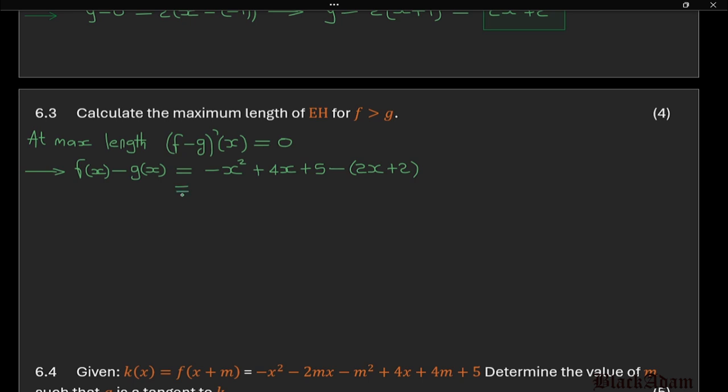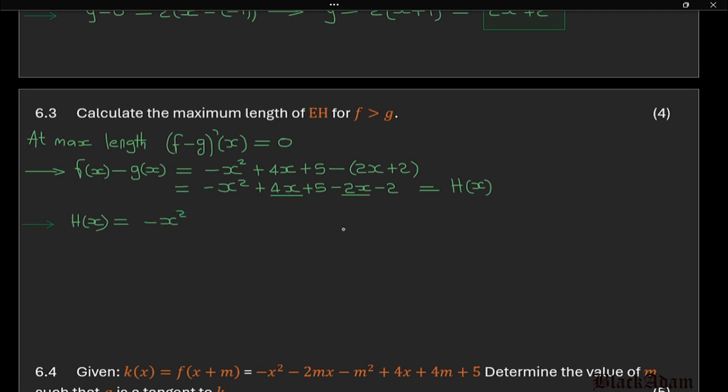And then simplifying that further, we have minus x squared plus 4x plus 5 minus 2x minus 2, and that gives us a new function, a new graph. Let's call it h, because when you change anything then you give it a new function.